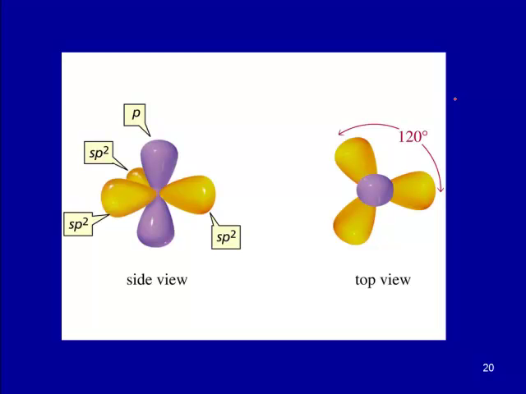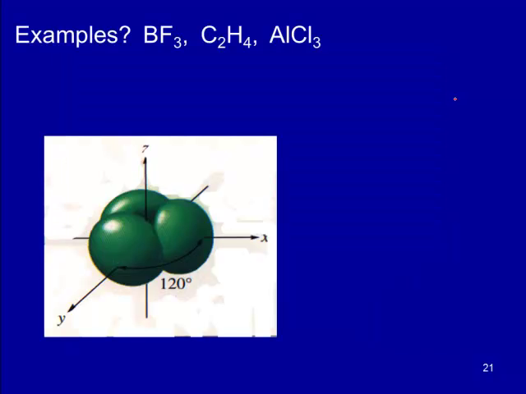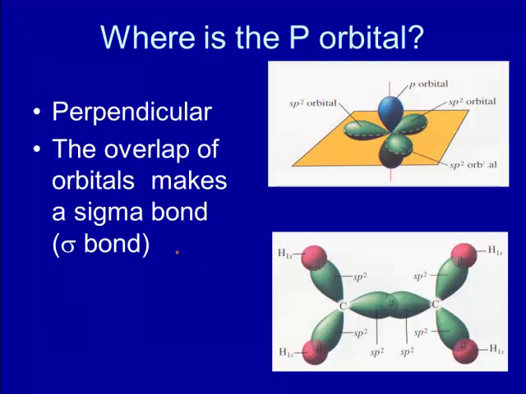The angle between any two will be 120 degrees. Okay, so those are the examples: BF3, boron trifluoride, C2H4, we're going to discuss later, methane, and aluminum chloride. The geometry is 120 degrees, trigonal planar.